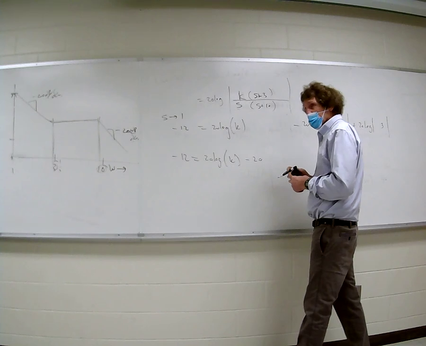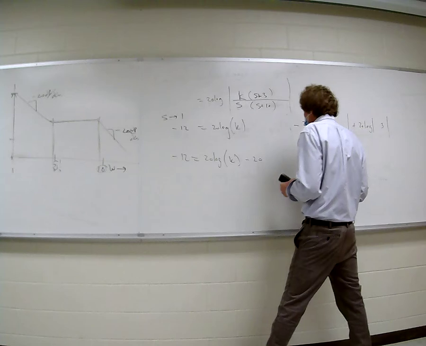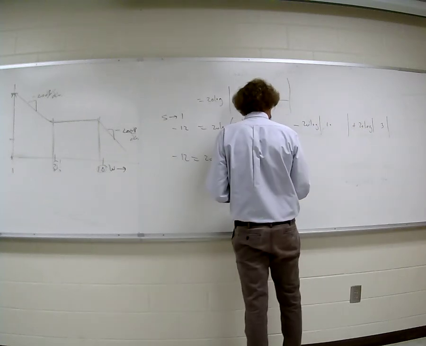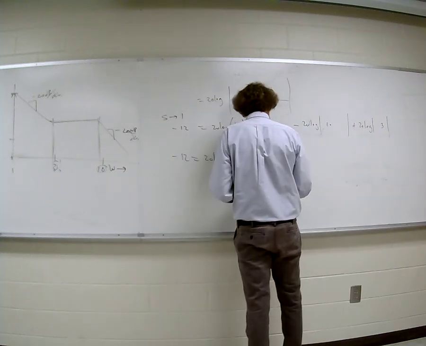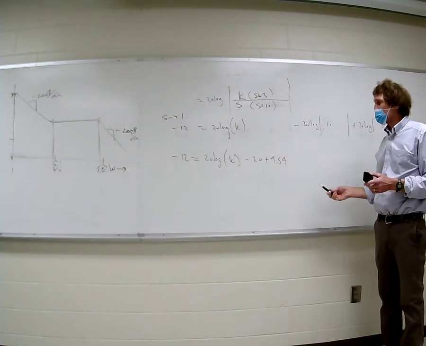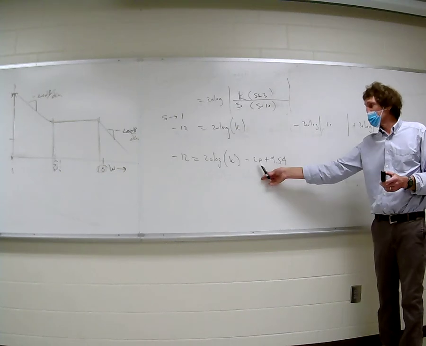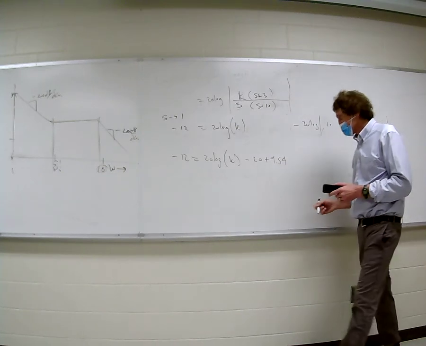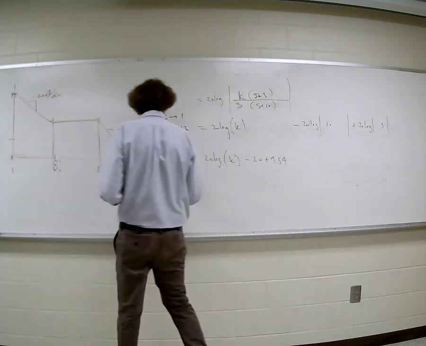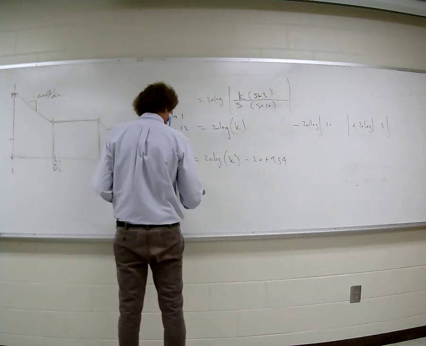Okay, log. What did you get for that? 9.54. Yeah. So this is plus 9.54. And now if we wanted to solve for k, what would we do? I would take this and this to the other side. So I add 20, and then I subtract 9.54.